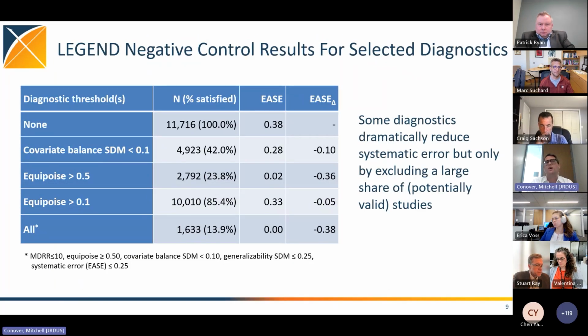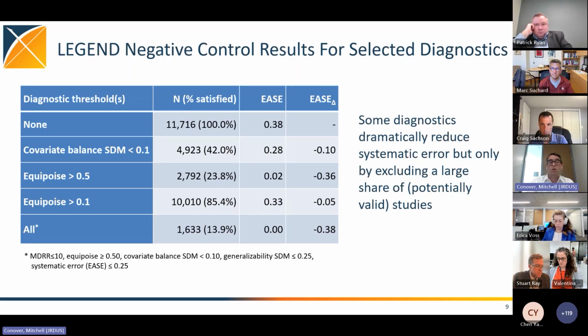So at a high level, here are some of the results just for a few select diagnostic metrics. What we're showing here is that for the covariate balance metric, when we apply no diagnostic restrictions, we have an EASE of 0.38. Among the 42% of analyses that pass the covariate balance metric, we have an EASE of 0.28, so a slight reduction.